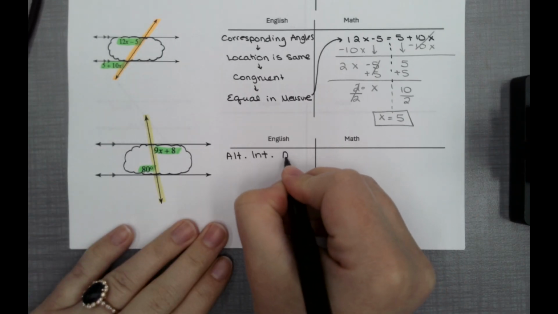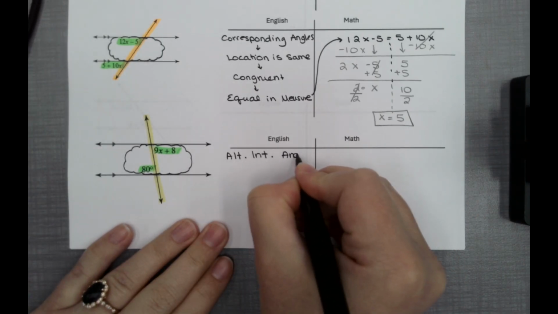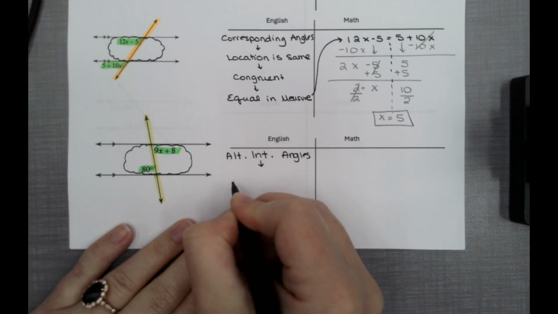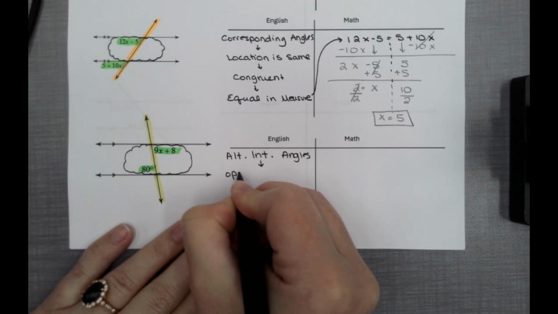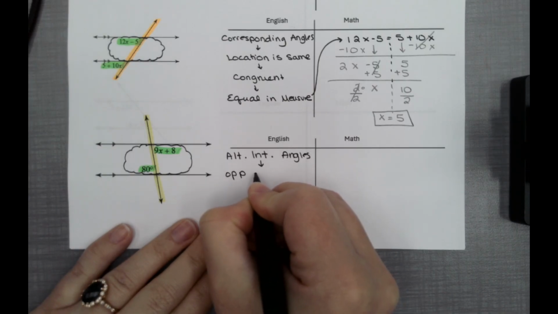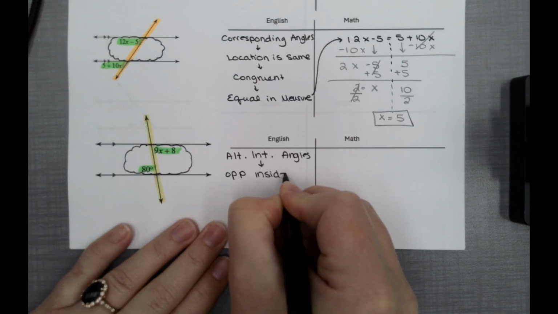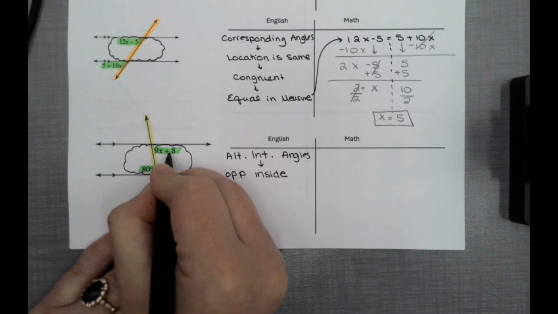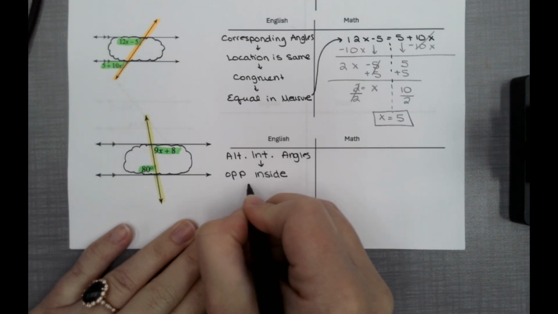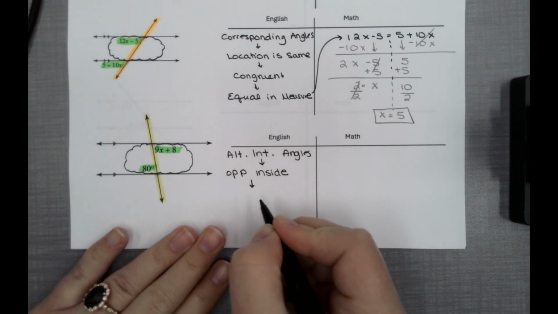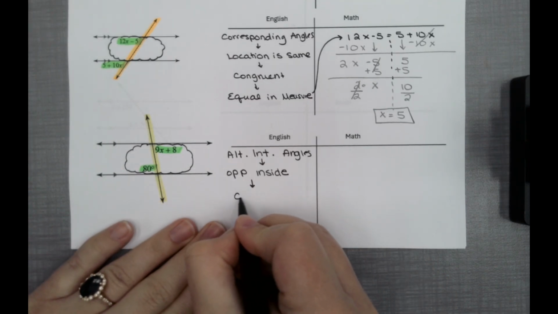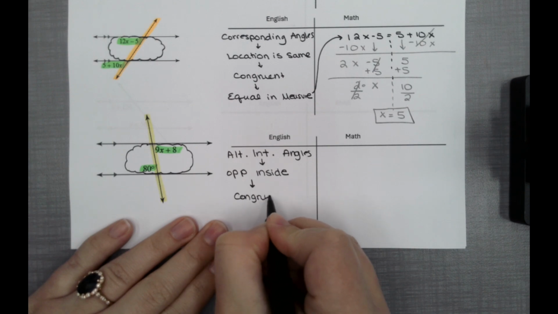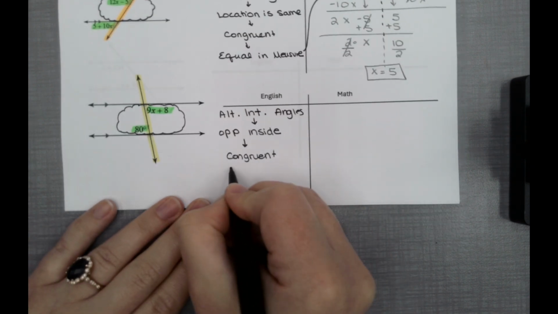So we have alternate interior angles. What does that mean? That means they are on the opposite sides of the transversal, but inside. What that means is they're also congruent. And congruent means equal in measure.